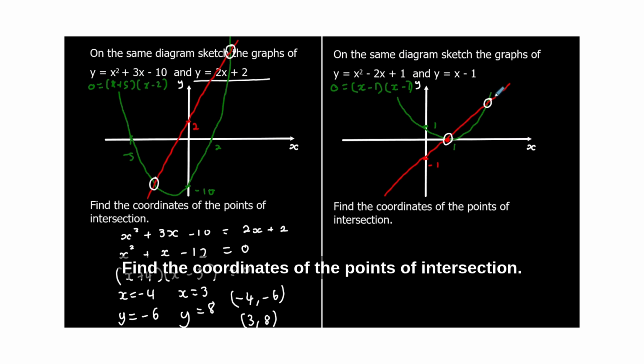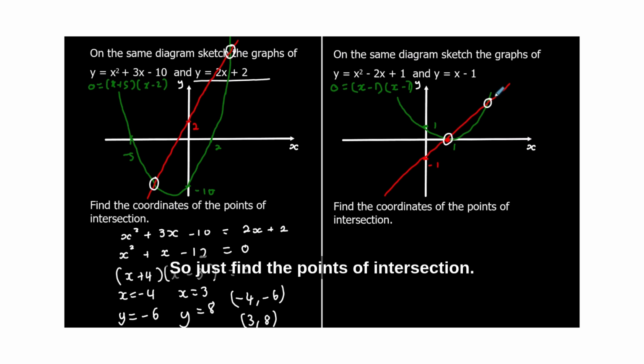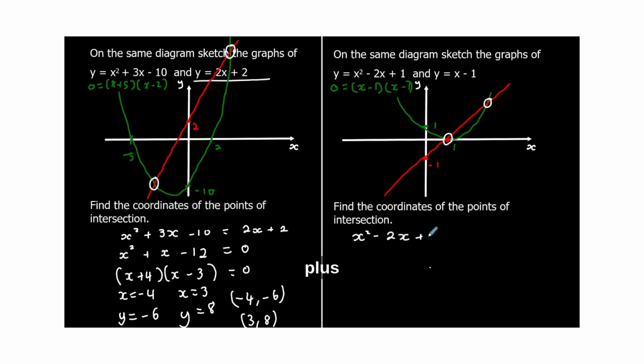Find the coordinates of the points of intersection. So to find the points of intersection, solve the simultaneous equations. They're both y equals, so we can make them equal to each other. x squared minus 2x plus 1 equals x minus 1. Take away x from both sides. Add 1 to both sides.